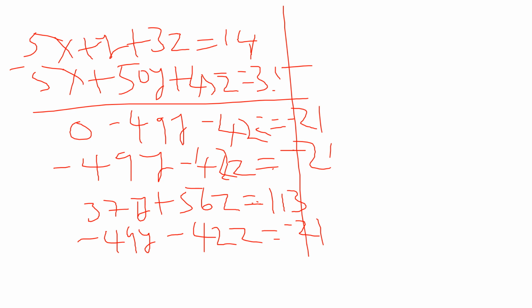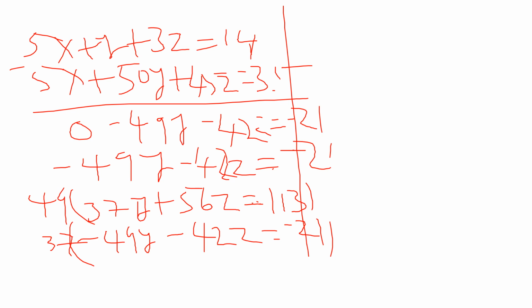So remember, at this point you can multiply with the opposite of these coefficients, meaning here we can multiply with 7, and on top here we multiply by 49.